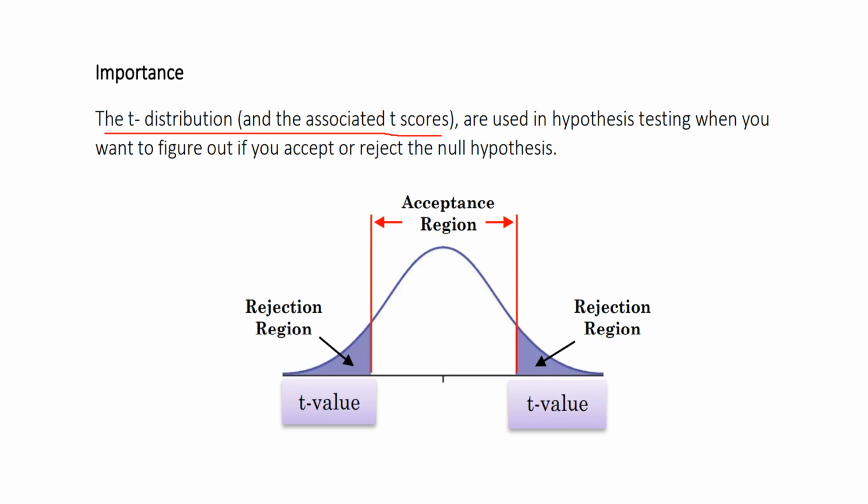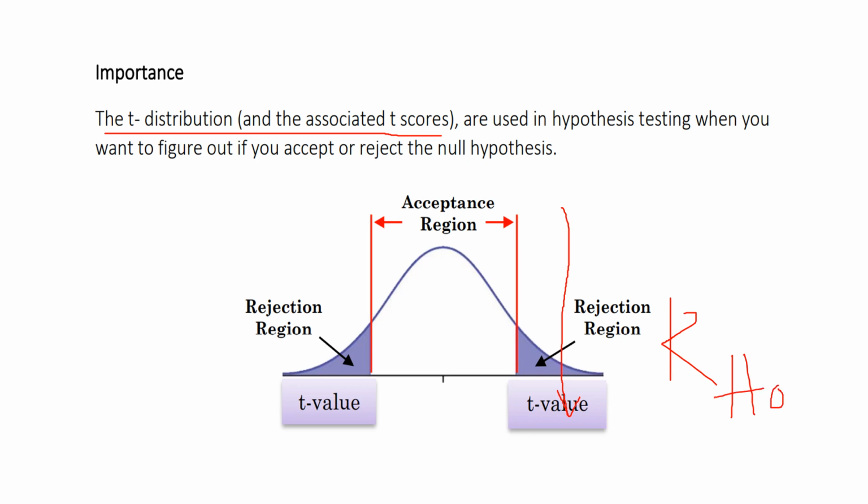After getting your critical values, you're going to plot them. The area after your critical values will serve as your rejection region, or your critical region. Once your computed value for t falls in your rejection region, you're going to reject your H0, or your null hypothesis.